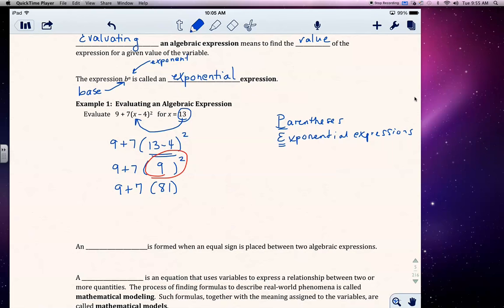Now the next order of operation is multiplication or division from left to right. That means if you see multiplication and division in your problem, you're going to do whichever operation you see on the left-hand side first. In this case, I only see multiplication and addition, so multiplication is what we're looking at now. Go ahead and do that.